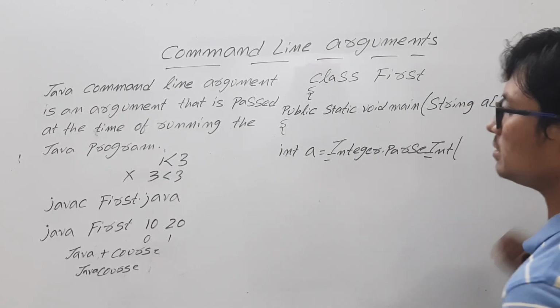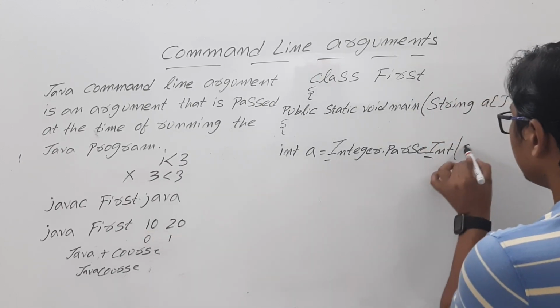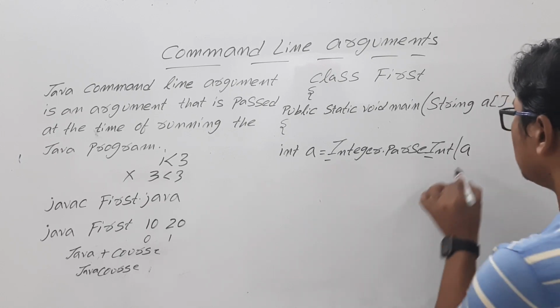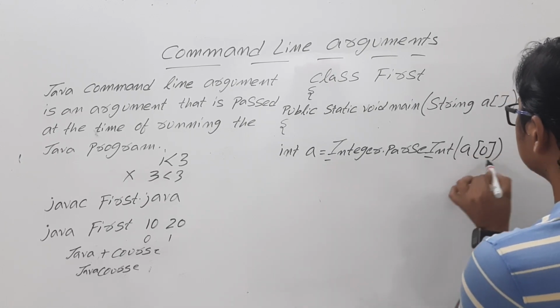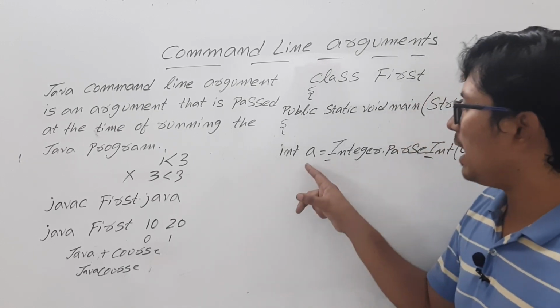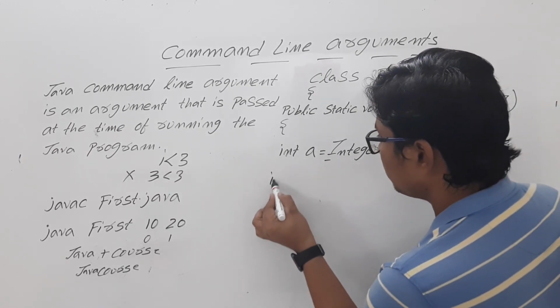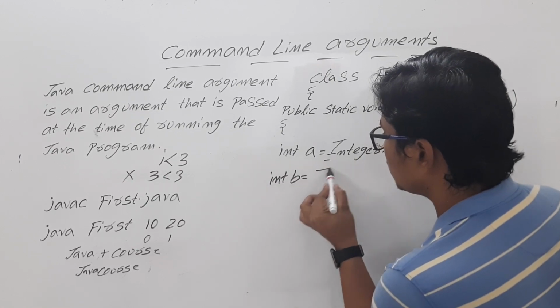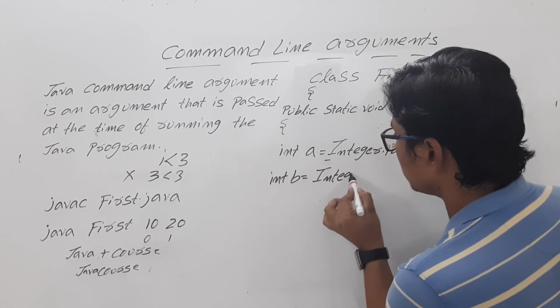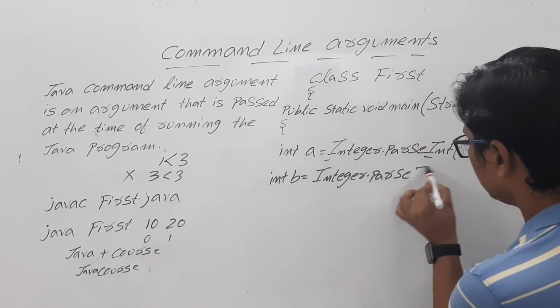Now this 10 is stored where? In the array called a at the index 0. Whatever is there at index 0, you are asking to convert into an integer and store that value into the variable called a. Similarly, I write int b is equal to Integer.parseInt.